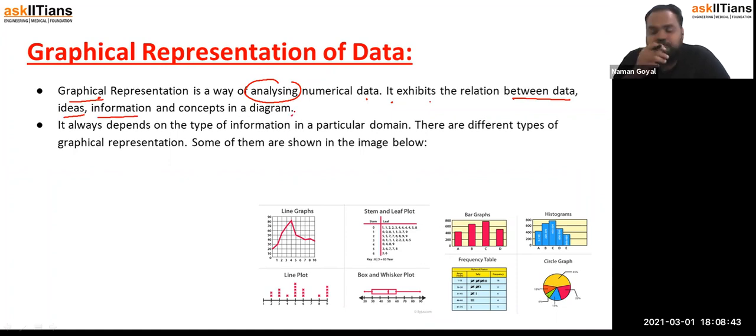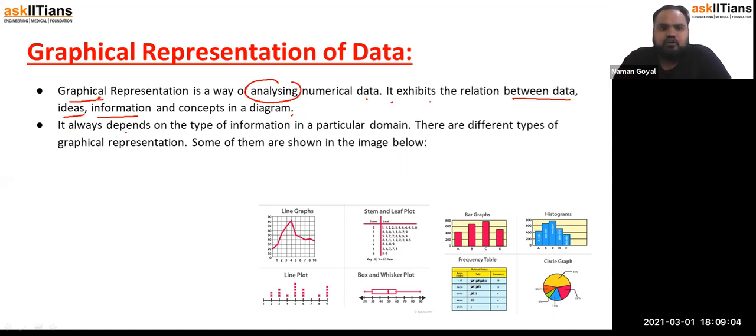So we have data in numerical form. With the help of the data, we draw graphs, and with the help of those graphs we can easily interpret the main concept of that particular data. So that's why we are going to use graphs.